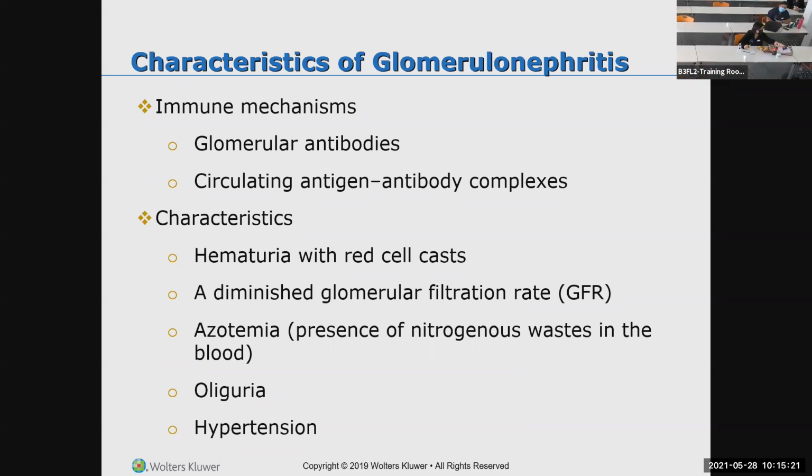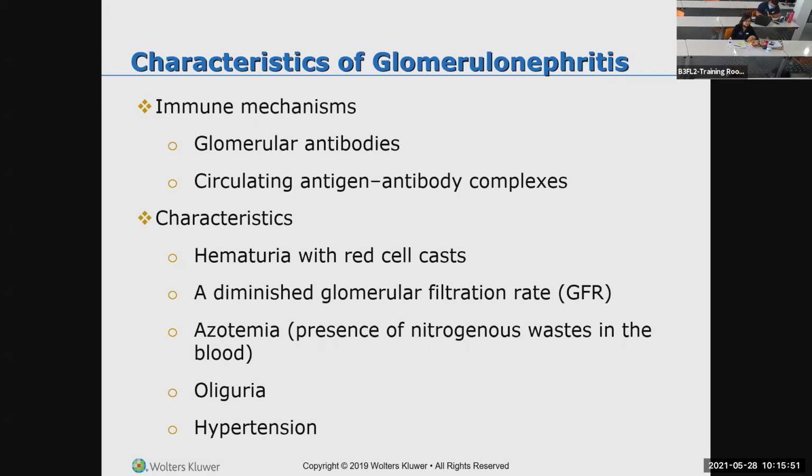Normally during filtration, my plasma is filtered out. They will keep the red blood cells. All the formed elements are not allowed to be filtered. Large proteins are not allowed to be filtered. But if my glomerulus is inflamed, it becomes permeable to everything.